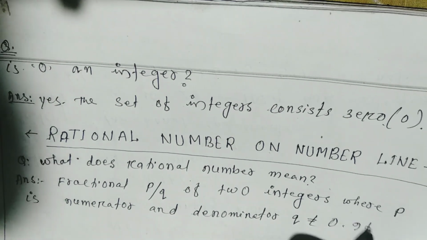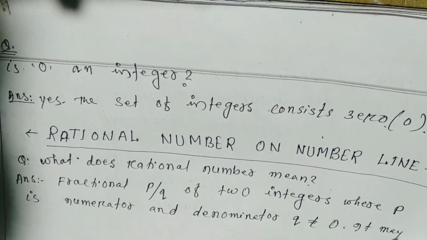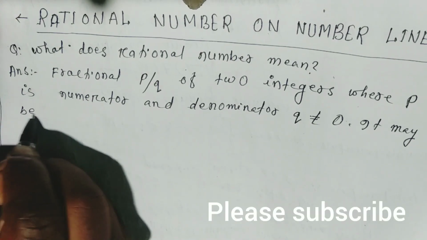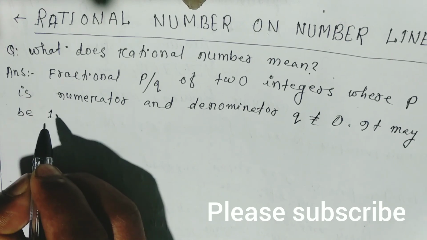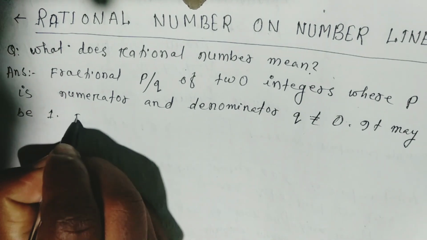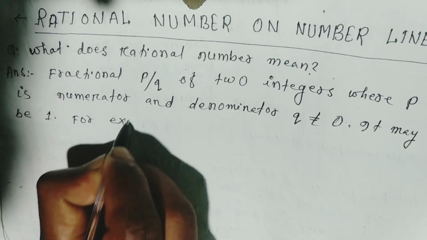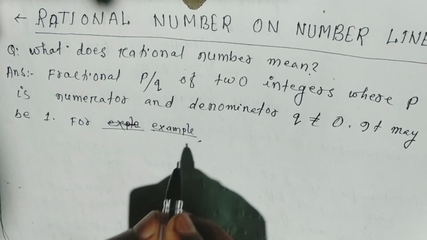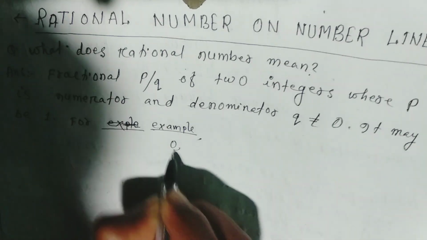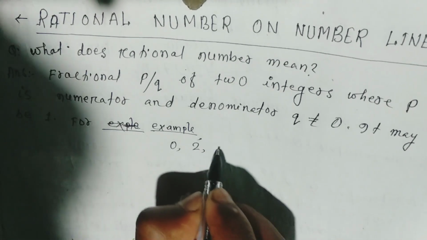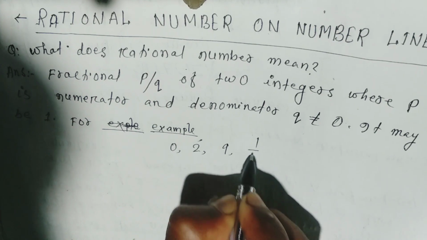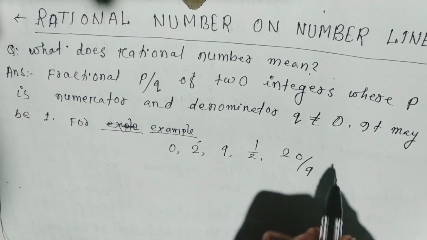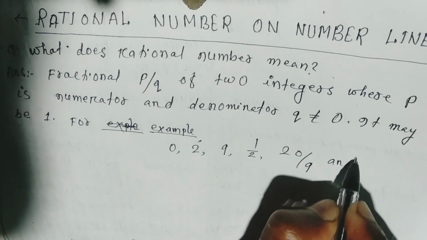It may be 1. For example, 0, 2, 9, 1 by 2, 20 by 9 and so on.